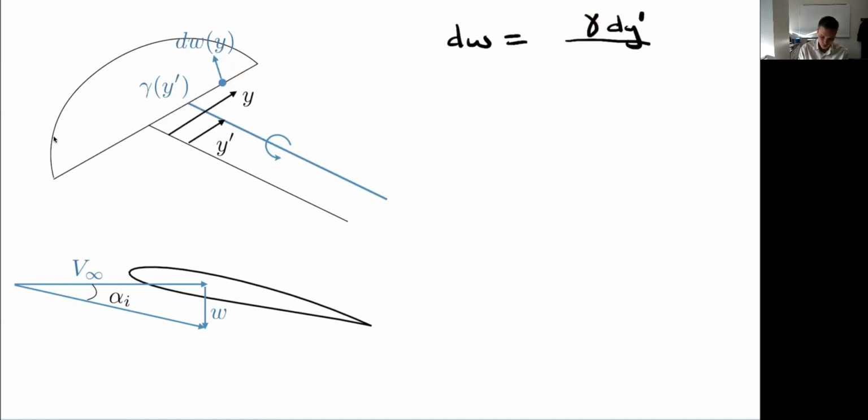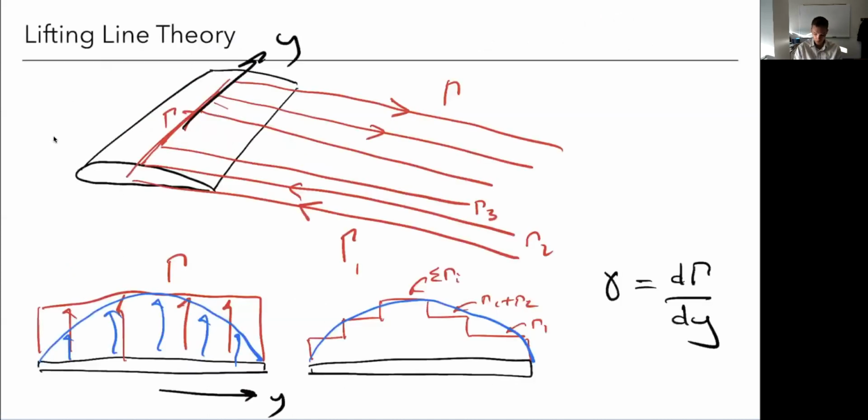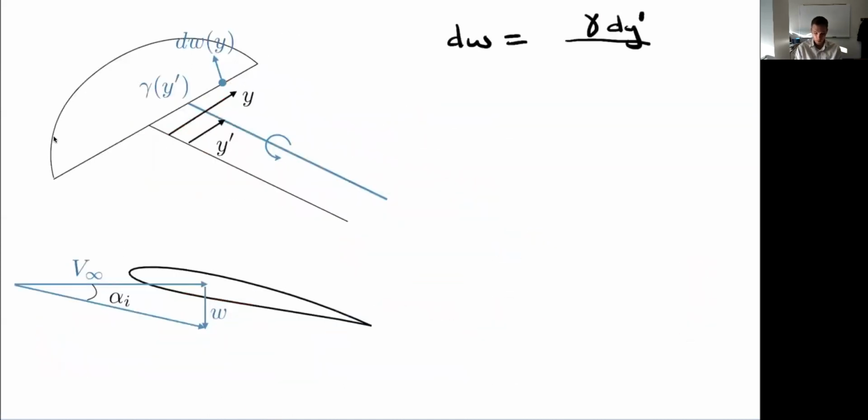Because this is strength per unit length times the length. That gives me d gamma. If I multiply this times this, it gives me d gamma over 4 pi r, and r in this case is the distance from the center of the vortex to the point I'm evaluating at. So it's y minus y prime.